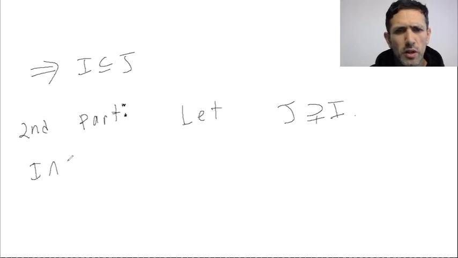So if this is true, then I intersect j is not empty.